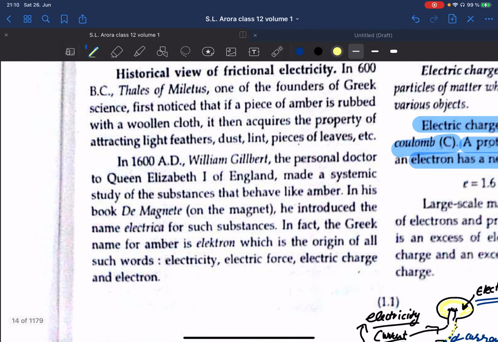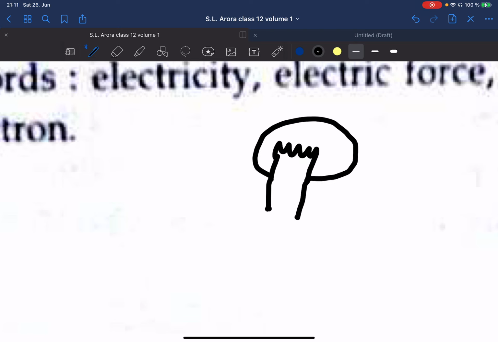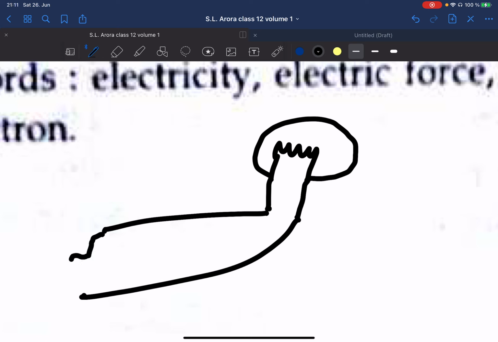One more question that comes in papers. It's a very important question that comes in your exams, like a PYQ. Say this is the bulb, this is the wire, and this is the switch of your house. As soon as you press the switch, the light comes on in the bulb.